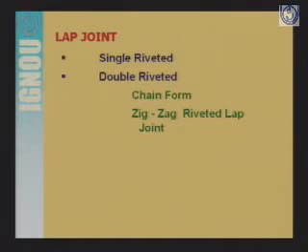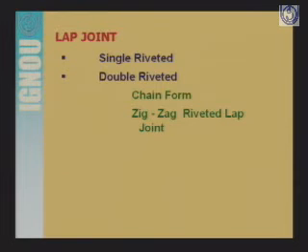Now lap joint may be single riveted if only a single line of rivet is provided, or it may be double riveted if a double line of rivets is provided. Based on the fashion in which the rivets are provided in the connection, these can be of two types, chain form and zigzag rivet lap joint.